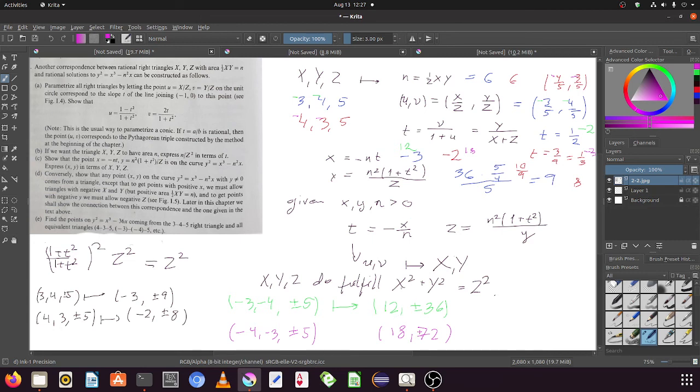So we just need to verify that these points actually do lie on the curve to make absolutely sure that we've done everything correctly.